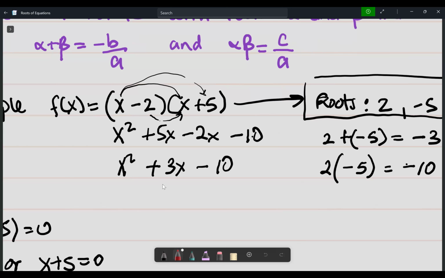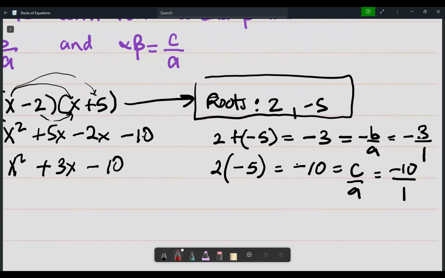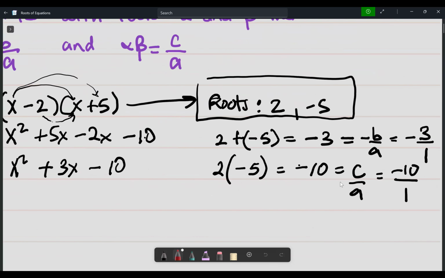We expand it out, we have x squared plus 3x minus 10. Let's look at what we're adding. When we add the roots together, realize we get negative 3. That is negative b, because b is 3 and negative b is negative 3. So now, what about when we multiply? When we multiply, we get 2 times negative 5, which is negative 10, which is c over a, right?